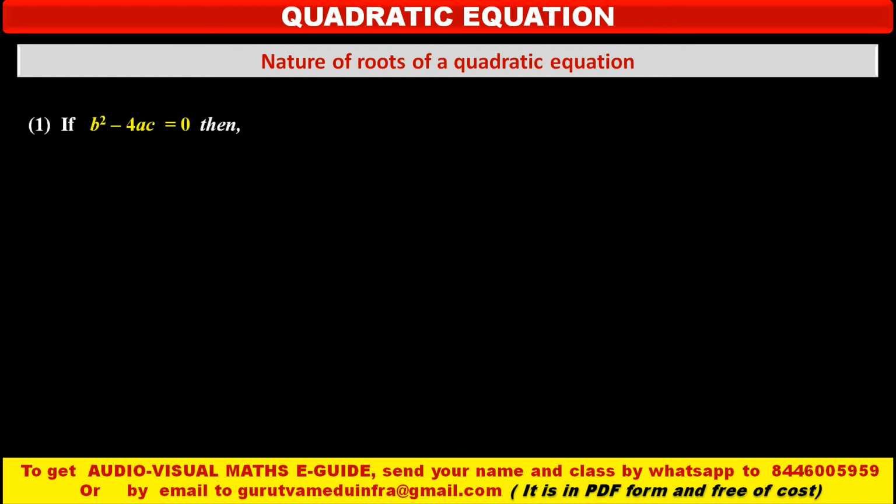Now see the first case. If b square minus 4ac, the discriminant, is equal to 0, then after substituting this value in our quadratic formula we get x is equal to minus b plus minus under square root of the discriminant, that means b square minus 4ac, which is 0, upon the denominator as it is, 2a.